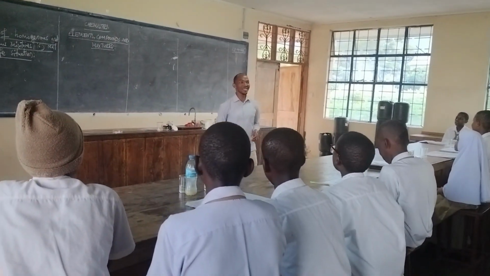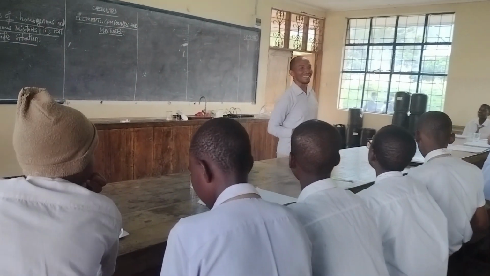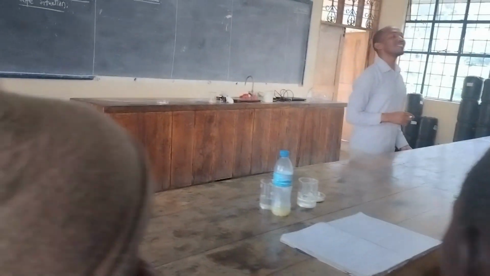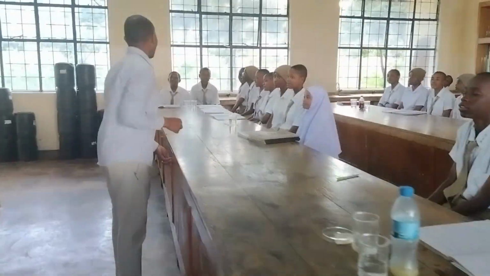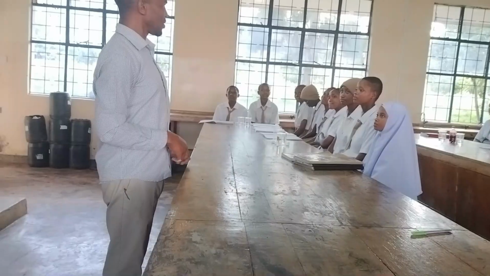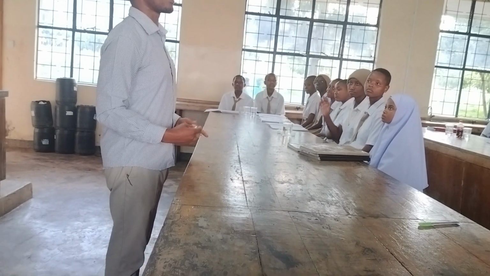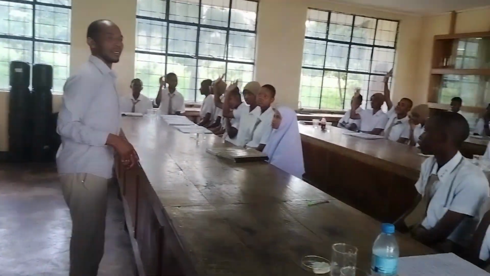So a heterogeneous mixture, as Ali said, is a mixture which has different composition, different appearance, and different properties. Let me think of a liquid mixture which you can say is heterogeneous.